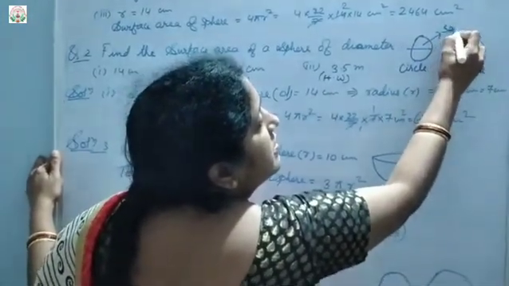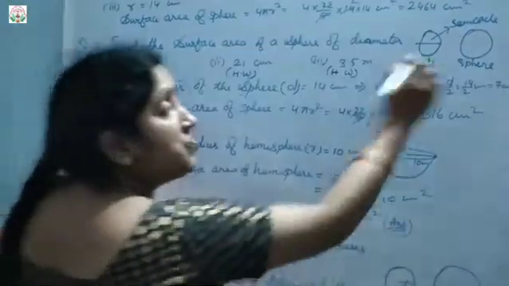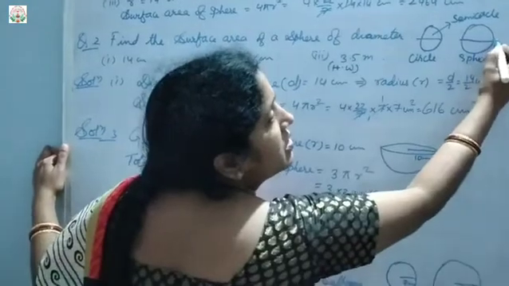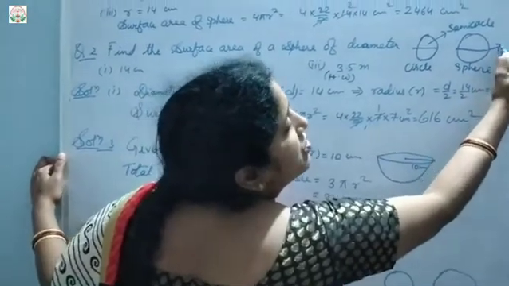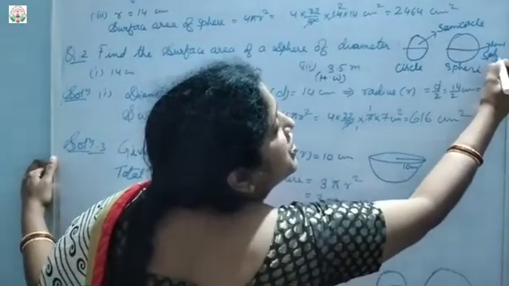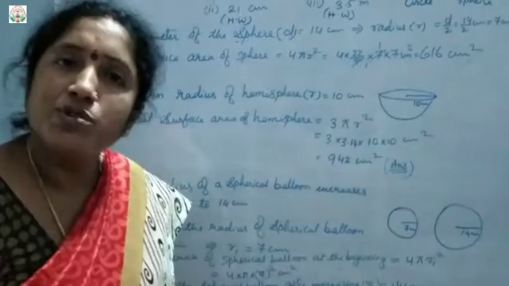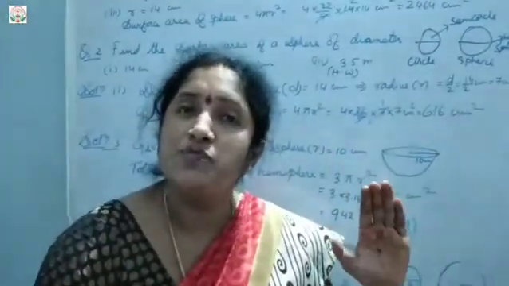Semicircle. Right? Sphere's half is called what? It is called hemisphere. Okay, understood? Circle half is called semicircle and sphere's half is called hemisphere.